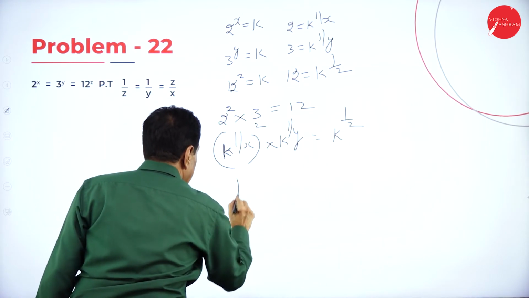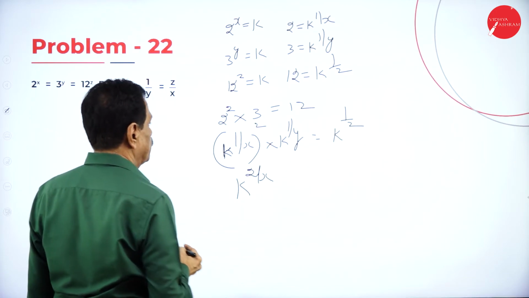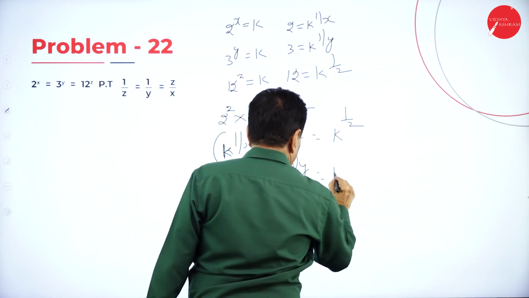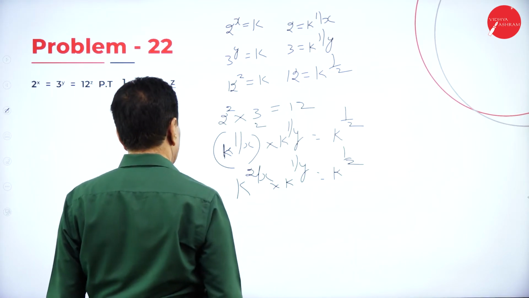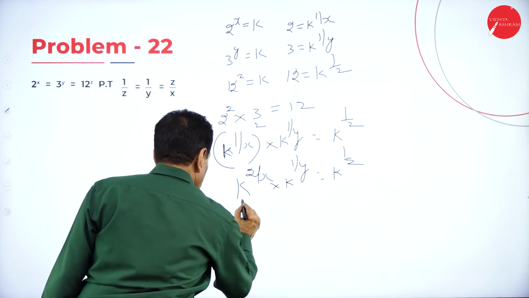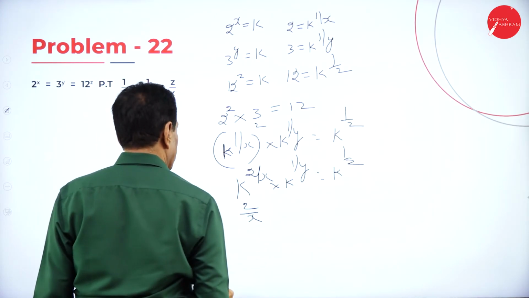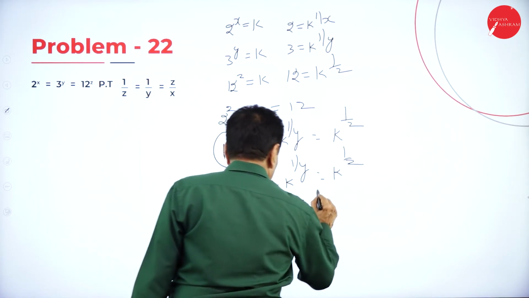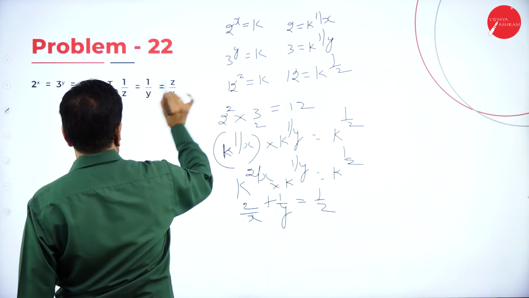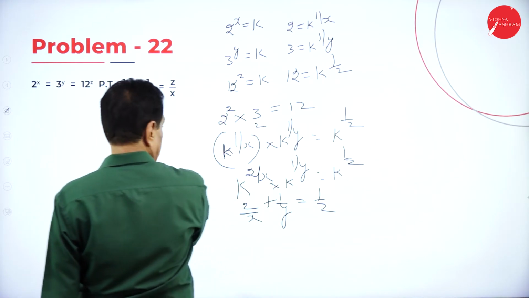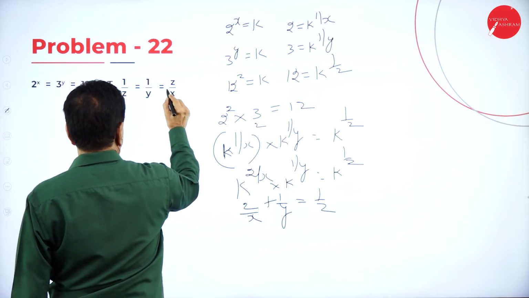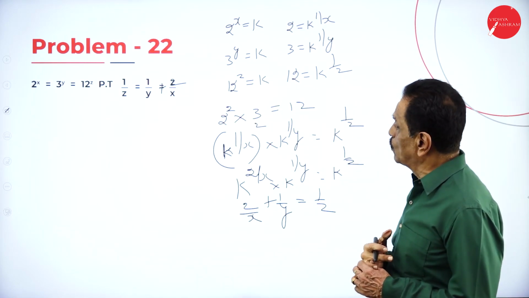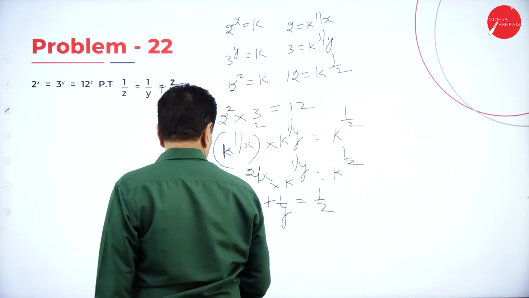This is nothing but k to the power of 2 over x into k to the power of 1 over y equals k to the power of 1 over z. Or this can be written as 2 over x plus 1 over y is equal to 1 over z. Prove that 1 over z is equal to 1 over y plus 2 over x.